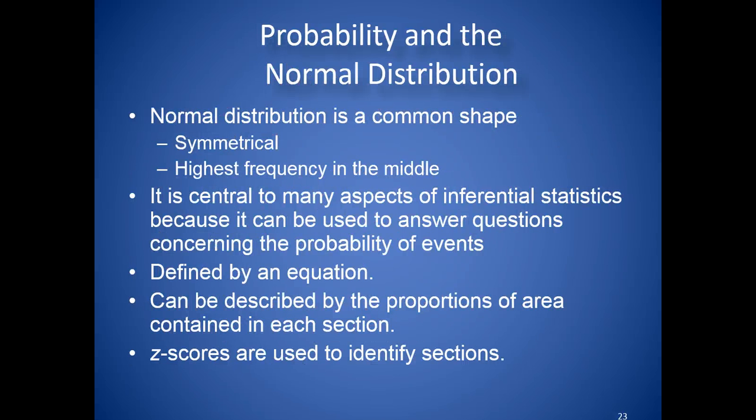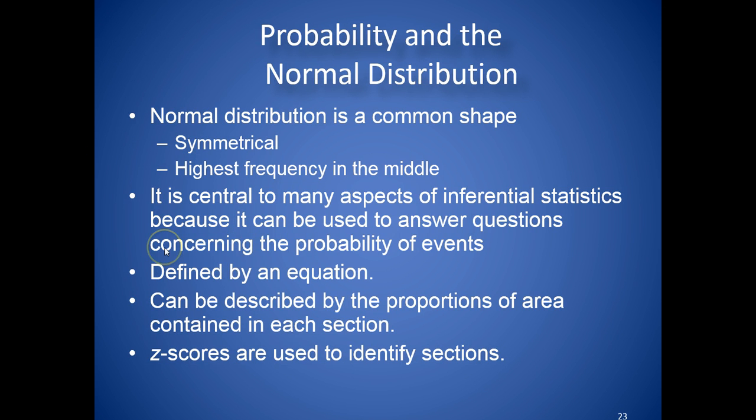So normal distribution is a common shape. It's symmetrical. It generally uses the mean and the standard deviation. Definitely remember your measures of central tendency and measures of dispersion when you talk about normal distribution. The highest frequency is in the middle, and normally distributed data is definitely symmetrical about the mean.